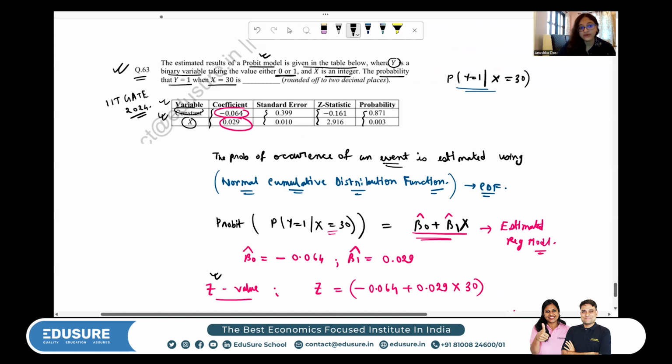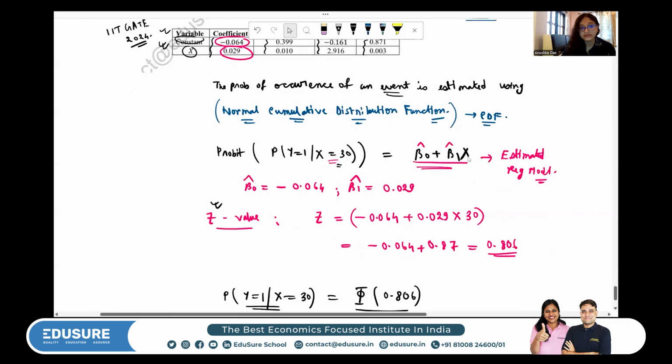Since you have one slope coefficient and one intercept coefficient from the table, you can write your estimated model like this. You know all these values.